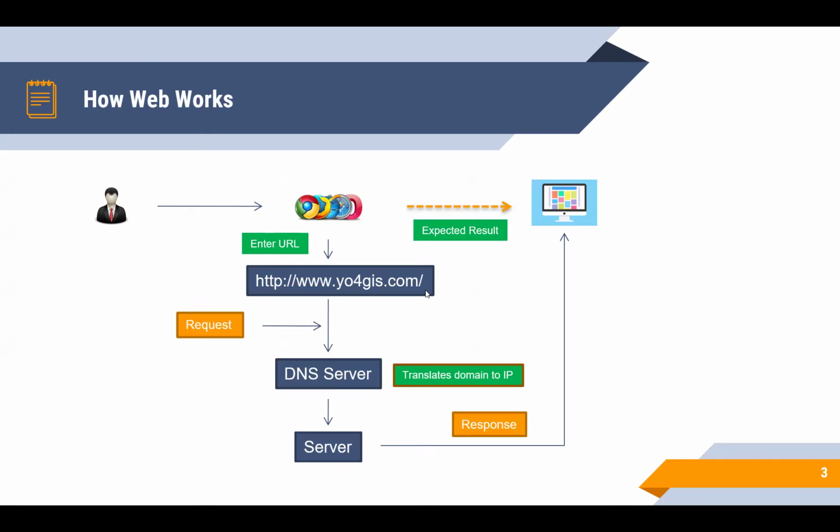After some processing on the server, the server sends back a response to the client, and this response that the client receives from the server is what we see in our web page. Some of this part we already discussed in our previous session.